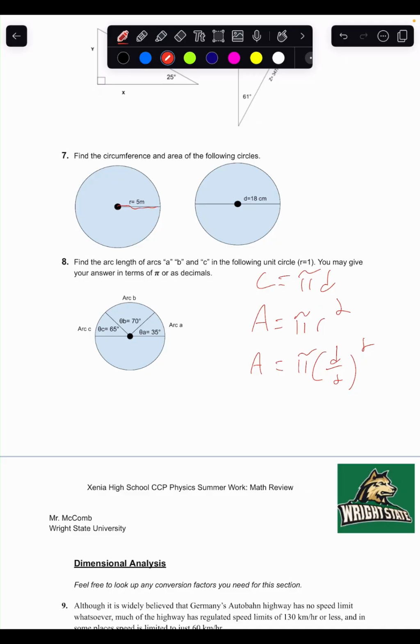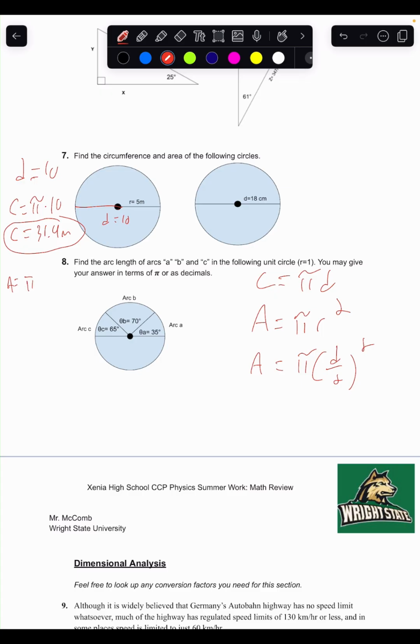Okay, so circumference and area of the following circles ain't no thing. Here I've got a radius of 5, meaning my diameter is going to be double that. So diameter is 10. So the circumference is going to be pi times 10. So your circumference is like 31.4 meters. And your area is going to be pi r squared.